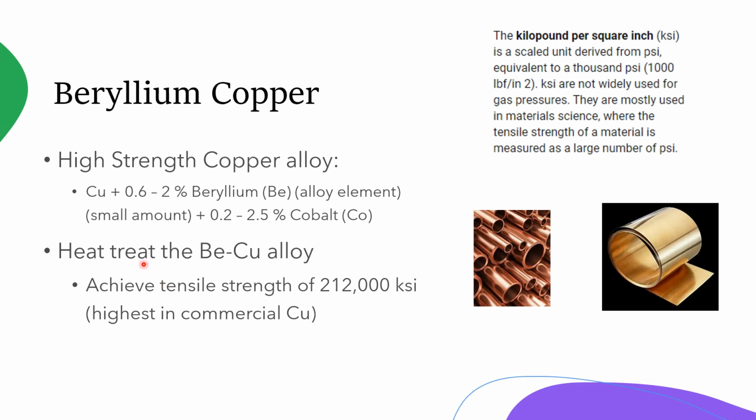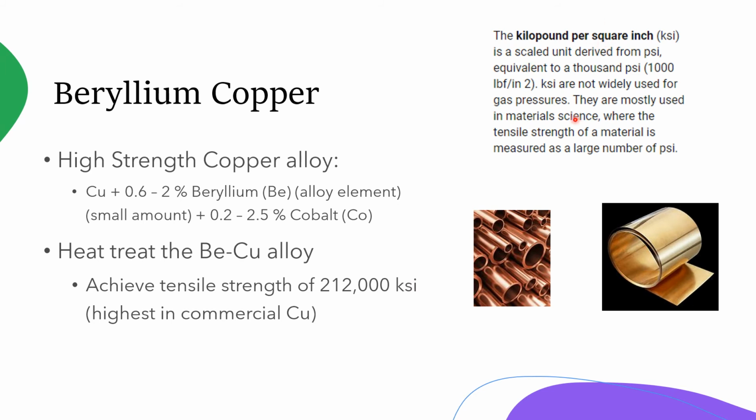And heat treat the beryllium copper, that's Be for beryllium, Cu for copper alloy. We're going to heat treat it. By heat treating it, we get tensile strength of 212,000 KSI. So what is KSI?